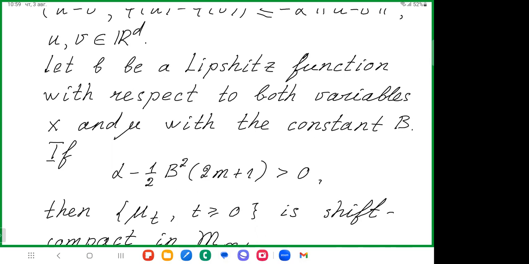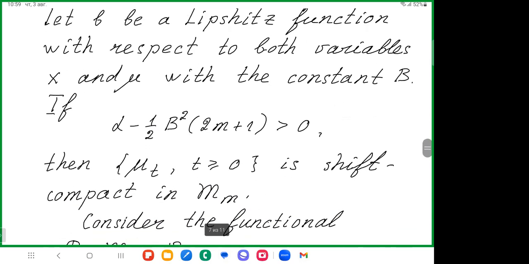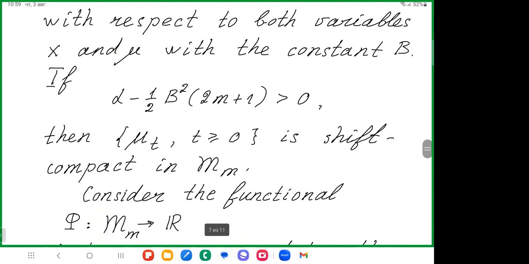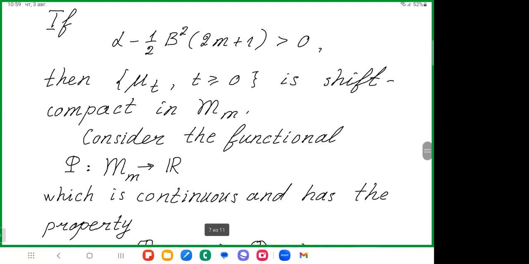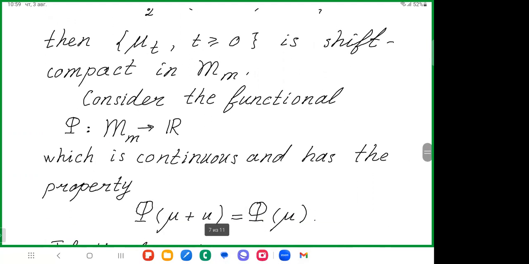Of course, we have no stationarity, but one can consider a special type of functionals of measures. For example, one can consider such a phi, which acts from the Wasserstein space to R, which is continuous and has the following property: phi of the measure mu shifted by the vector is equal to the initial phi.